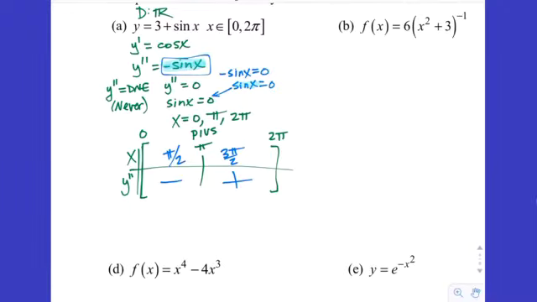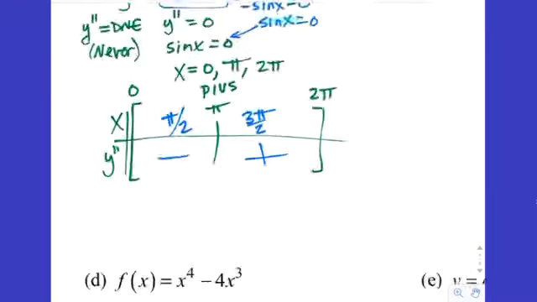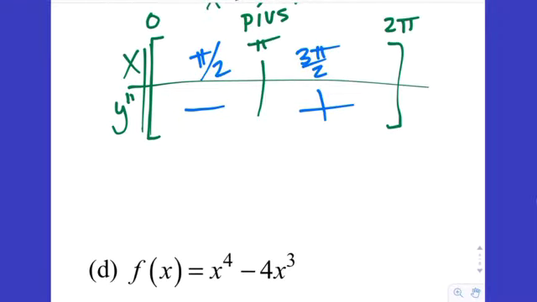So just like the first derivative number line chart gave us 2 pieces of information, intervals of increasing, decreasing, and local extreme info, this number line chart gives us concavity intervals as well as what we need to justify inflection points. So here we go.